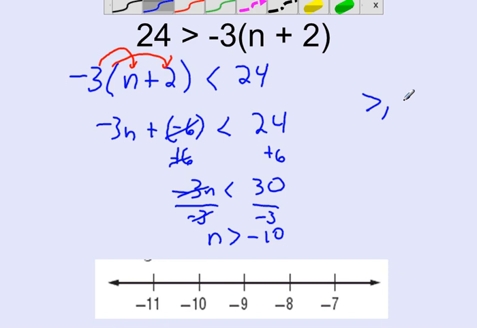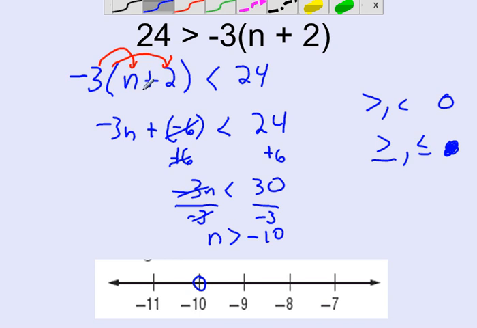Greater than, less than, open circle. Greater than or equal to, or less than or equal to, I give it a closed circle. What open circle and closed circle mean is that with the open circle, the answer is not a solution. Closed circle means it is a solution. So I'm going to give this one here an open circle at negative 10.